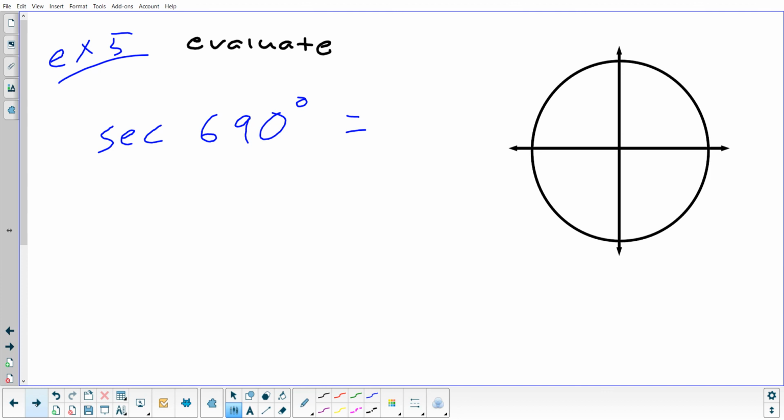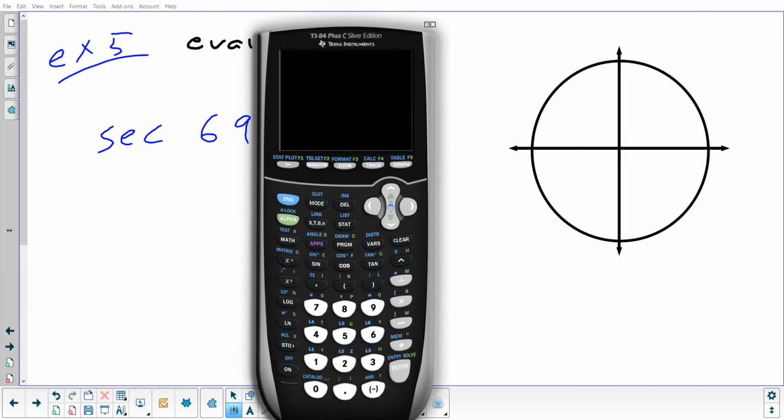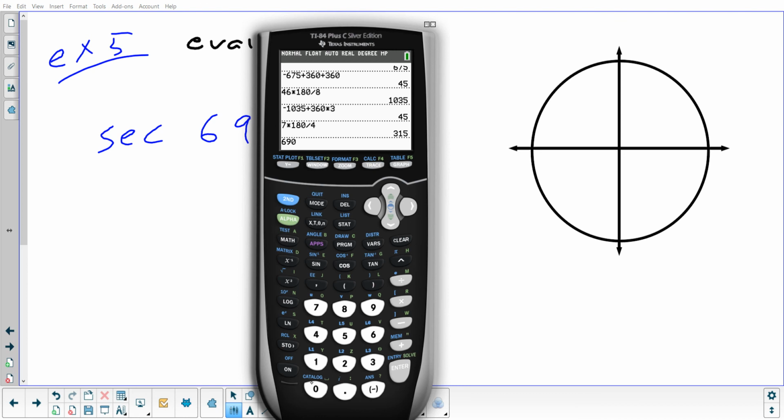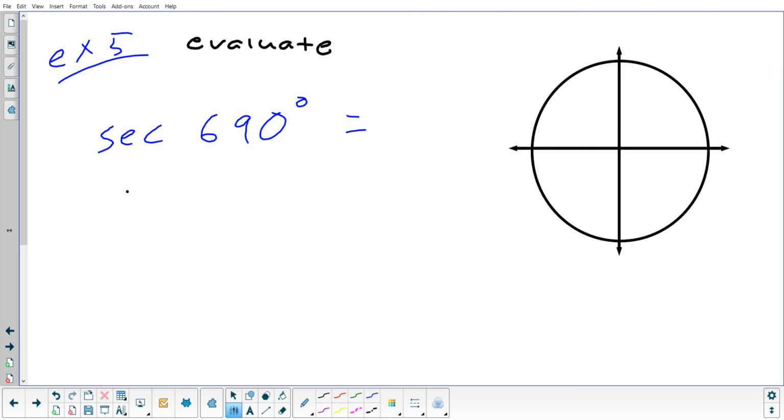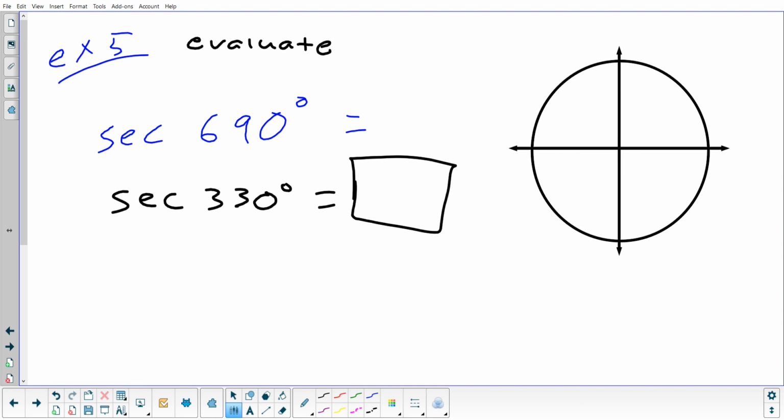Yeah? Subtract 360. Yeah, we can subtract 360. All that subtracting 360 does is bring you back to the exact same spot one revolution earlier. Okay? But that's the key. We have to go back to the exact same spot. So minus 360, and that's 330.